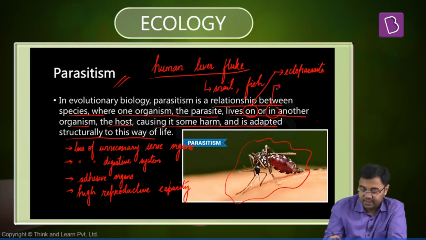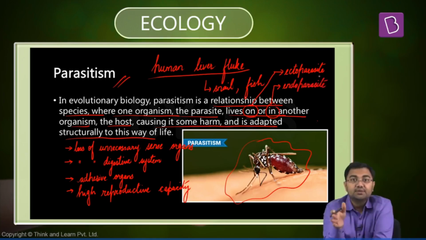And if it lives inside, then you call it an endoparasite. So these are the two kinds of parasites that we have. The life cycle of endoparasites is more complex than ectoparasites, mainly because of their extreme specialization. Their morphological and anatomical features are greatly simplified while emphasizing their reproductive potential.